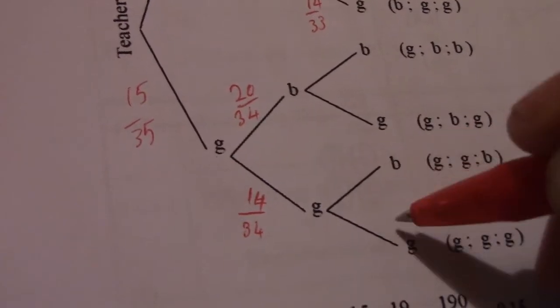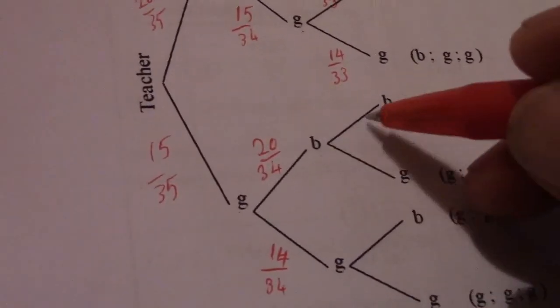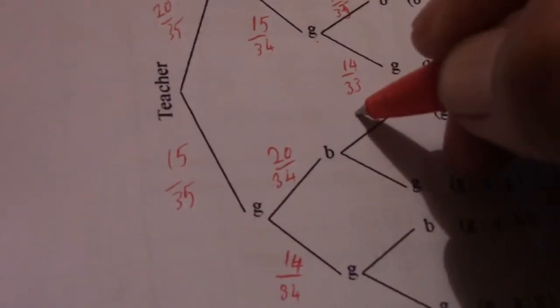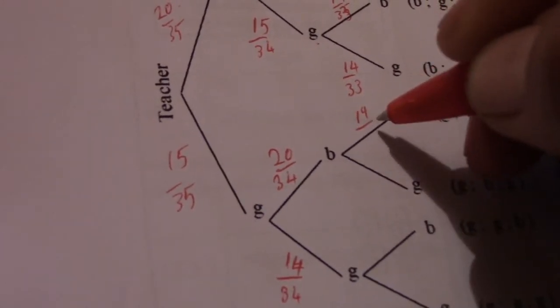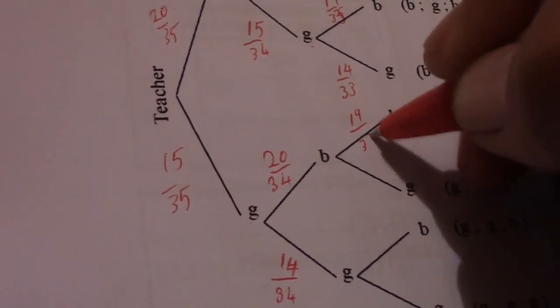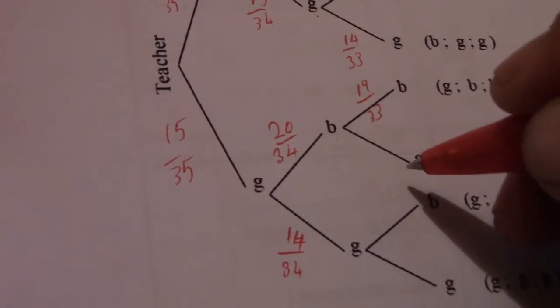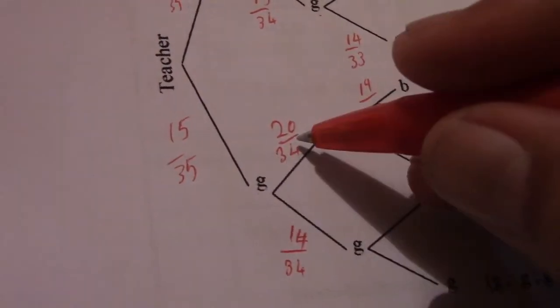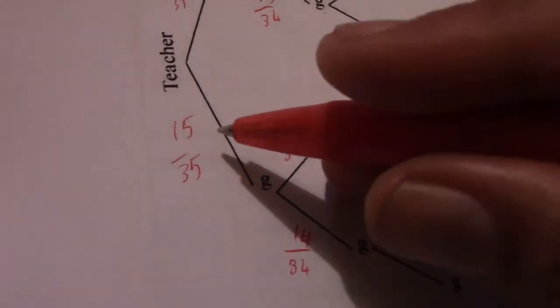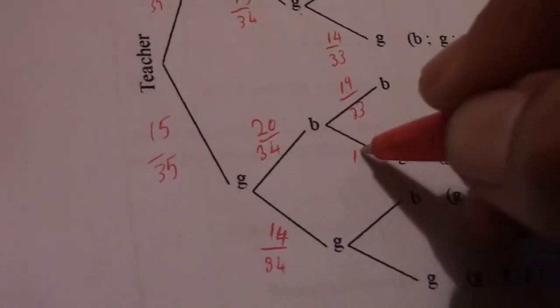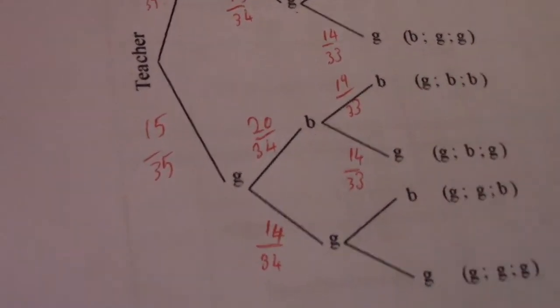For these two it should become 33, so after choosing a boy there, I choose another boy, I have 19 out of 33. If I choose a girl here, I'm left with 14 out of 33. So hope you follow, hope you understand.